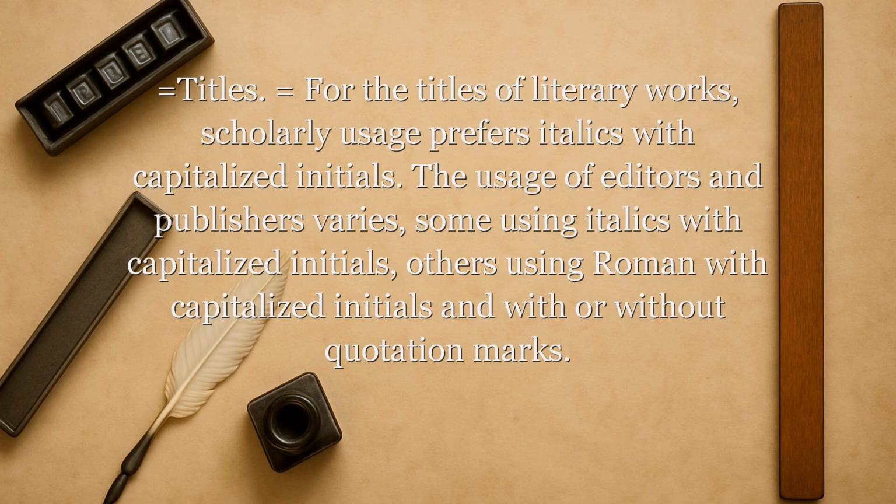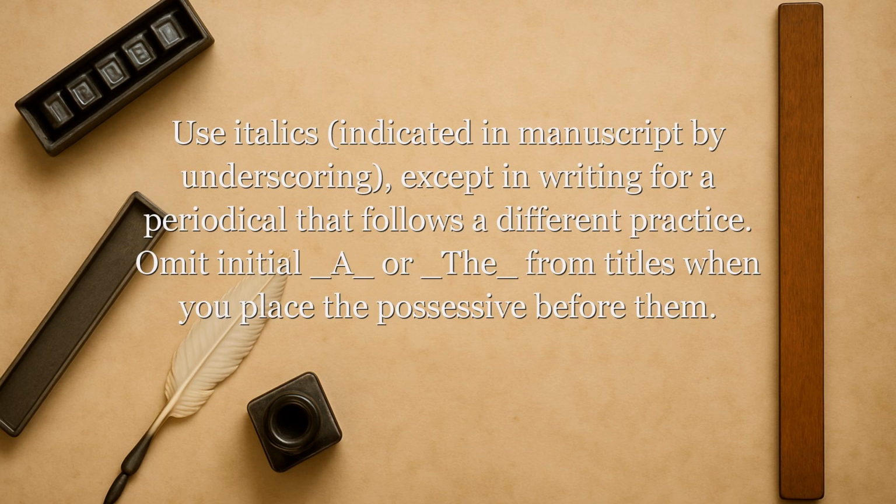I. Titles. For the titles of literary works, scholarly usage prefers italics with capitalized initials. The usage of editors and publishers varies, some using italics with capitalized initials, others using roman with capitalized initials and with or without quotation marks. Use italics, indicated in manuscript by underscoring, except in writing for a periodical that follows a different practice.